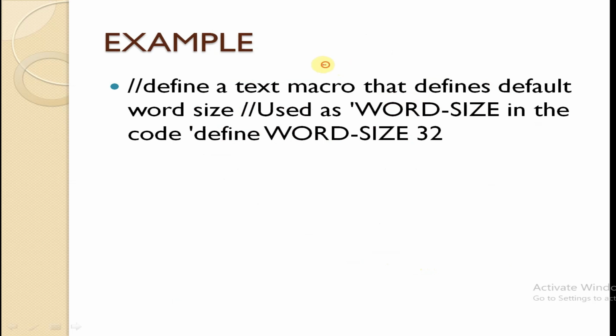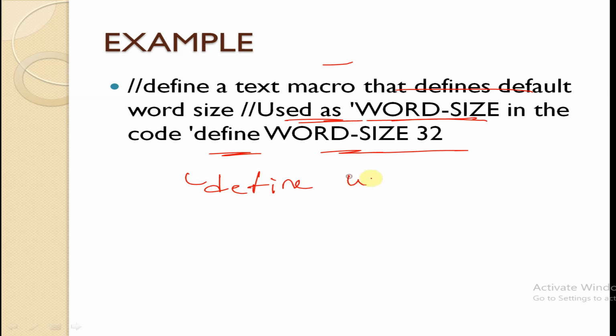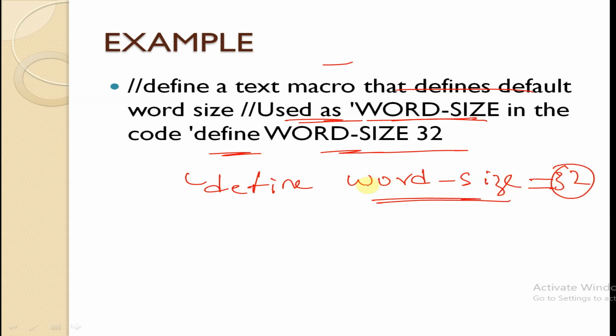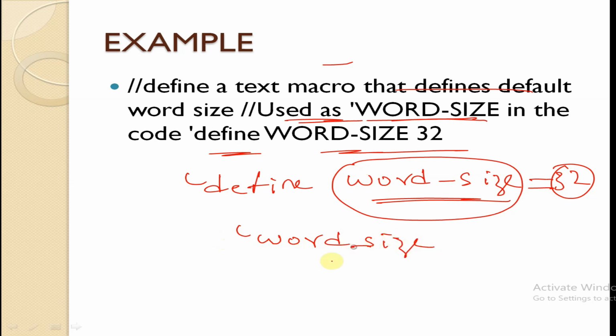Suppose we define a text macro that defines the default word size used as a tick word size in the code: tick define word_size is equal to 32. So this 32 will be assigned to word size, and in our module we can use this word size wherever it is needed.